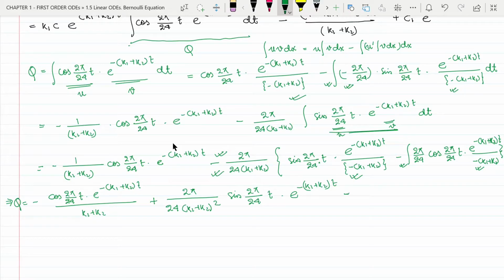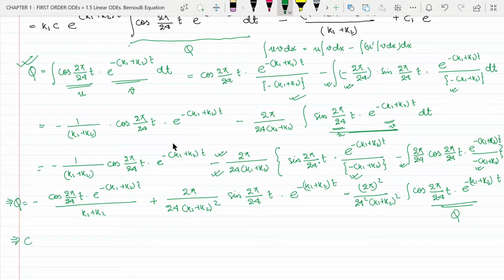So this is minus 2 pi square divided by 24 square (k1 plus k2) square integration of cos 2 pi by 24t multiplied by e to the power minus (k1 plus k2)t. We can see that this term is equal to q. We have taken this term equal to q.